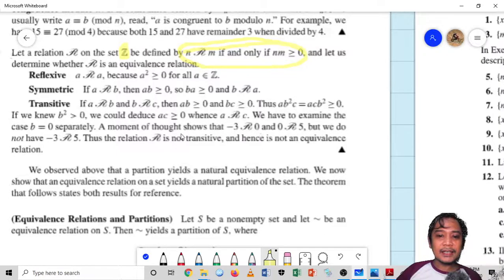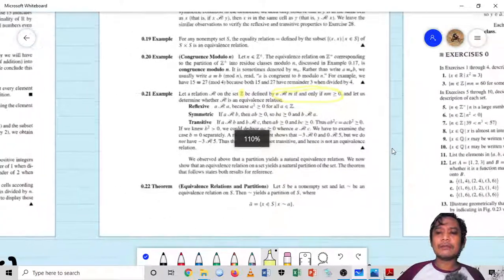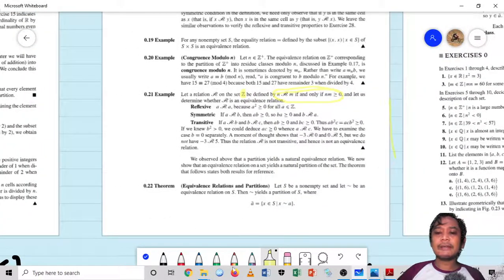But negative 3 times 5 is negative 15, which is this time not greater than or equal to 0. Meaning, negative 3 is not related to 5. So the relation is not transitive. Let me just show that to you formally. The counter example shown here.